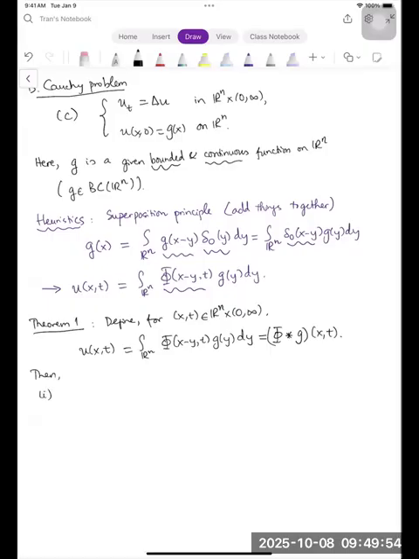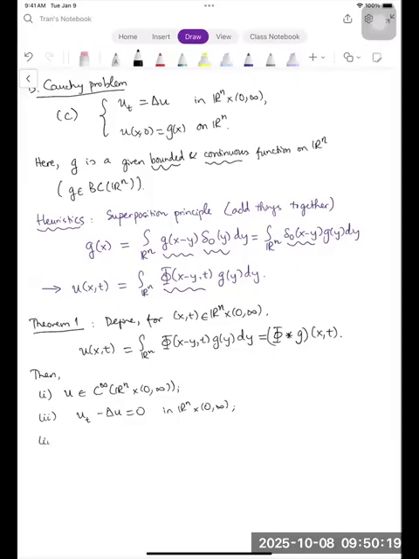The first thing we have is that u is automatically in C infinity of R^n cross (0, infinity). The second thing is that u solves the Cauchy problem, so let me be specific: u_t minus the Laplacian of u equals 0 in R^n cross (0, infinity).